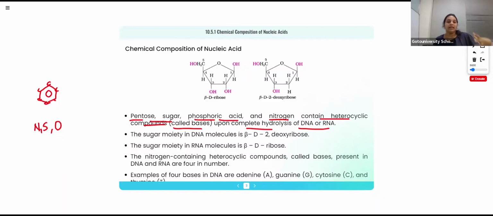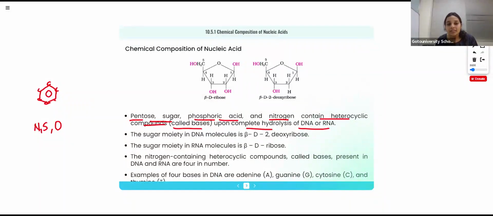Got it? It is clear from the name itself, it is a cyclic compound, which means they have a ring structure. Then what are heterocyclic compounds? Instead of the carbon atom, there will be at least one nitrogen, sulfur or oxygen, these hetero atoms.